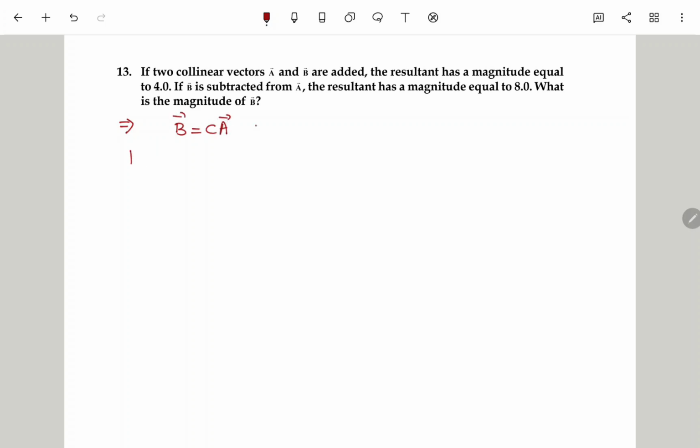Now, the magnitude of A plus B equals 4 and the magnitude of A minus B equals 8, and you substitute B with cA, and you will get A plus cA equals 4 and A minus cA equals 8.